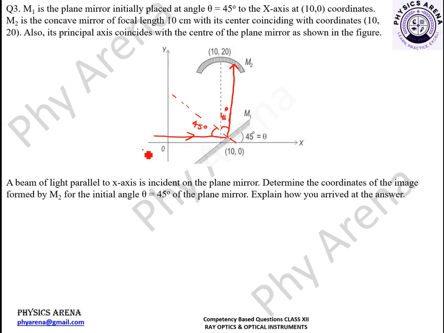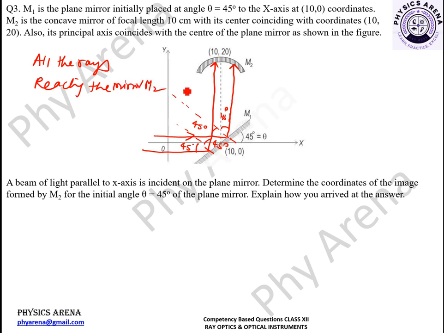Similarly, if I take another ray, it will also move perpendicular to the principal axis of the concave mirror, because if this angle of incidence is 45, the angle of reflection has to be 45 only. So all the rays which are reaching the concave mirror are parallel to the principal axis.